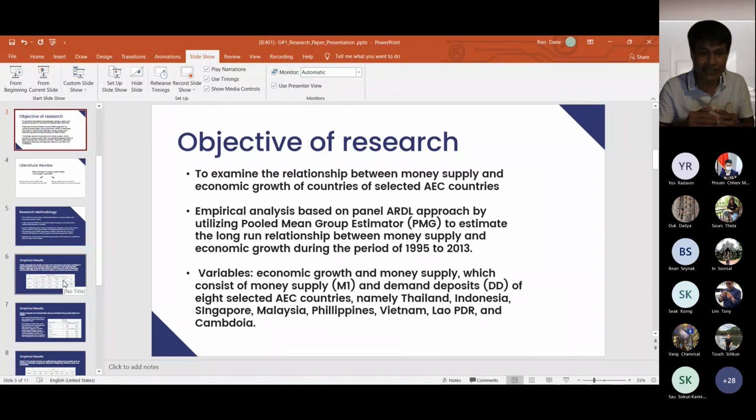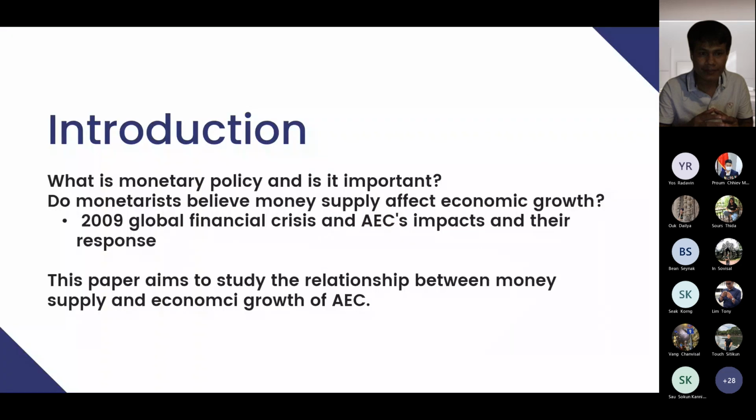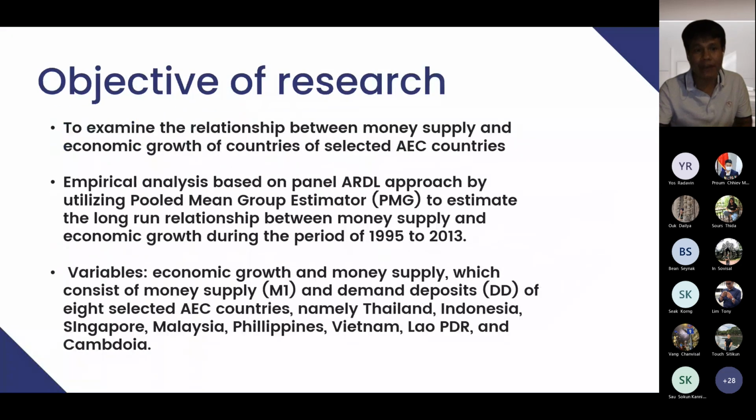This slide. Can you maximize or click slideshow? All right. This paper, as you can see, says to examine the relationship between money supply and economic growth, not to estimate the effects. If they start to estimate the effect, the objective of the paper is to make causal interpretation.